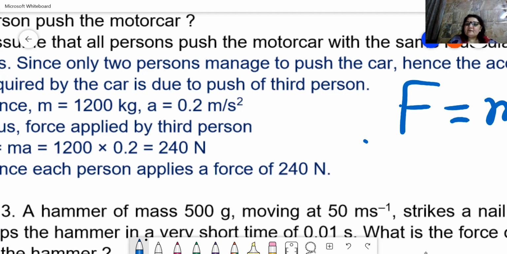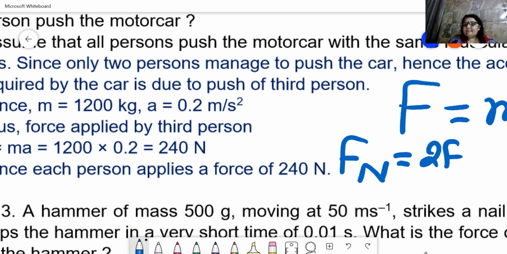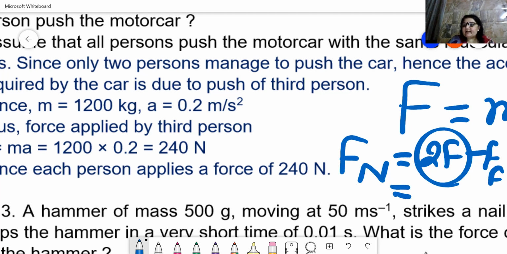First of all, we have to write that the net force will be equal to the effort by 2 persons by which we are managing it, minus the frictional force. We can just write 2F is the effort given here, 2F minus F_f, where F_f is the frictional force. If you subtract, then only one force is remaining.